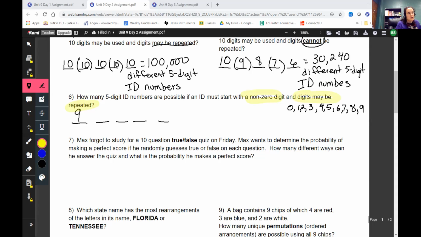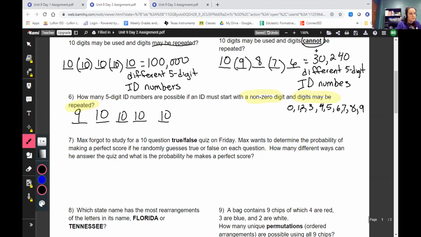So we have 10 options for that second one. And we'd have 10 options for the next one, and the next one, and the next one. And that would get us 90,000 different ID numbers. So make sure you're reading the problems today, because it changes what you do.